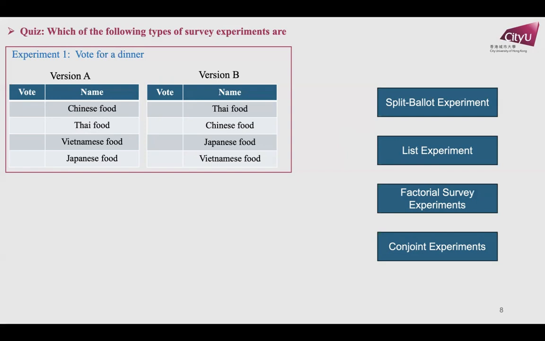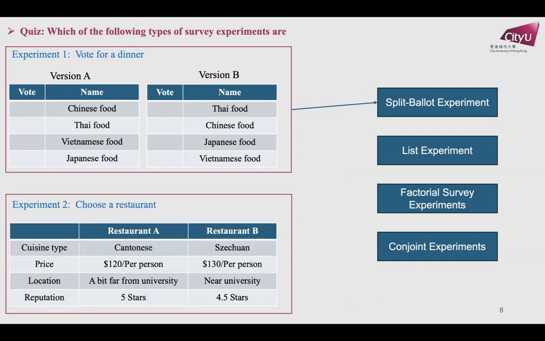The first version has Chinese food, Thai food, Vietnamese food, and Japanese food. In the second version, they put Thai food first, and the second one is Chinese food. The third one is Japanese food, and the final one is Vietnamese food. So this is obviously a split ballot experiment as they only change the order of the options.